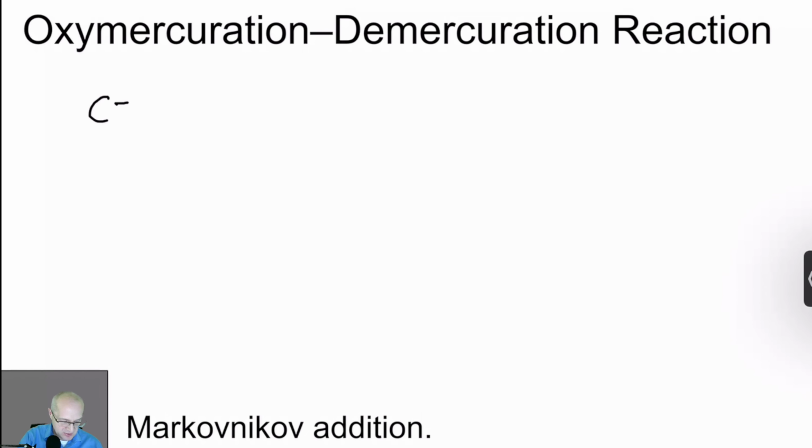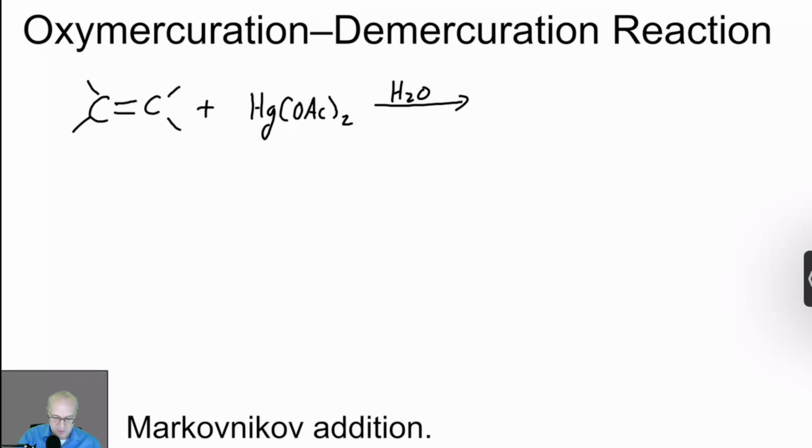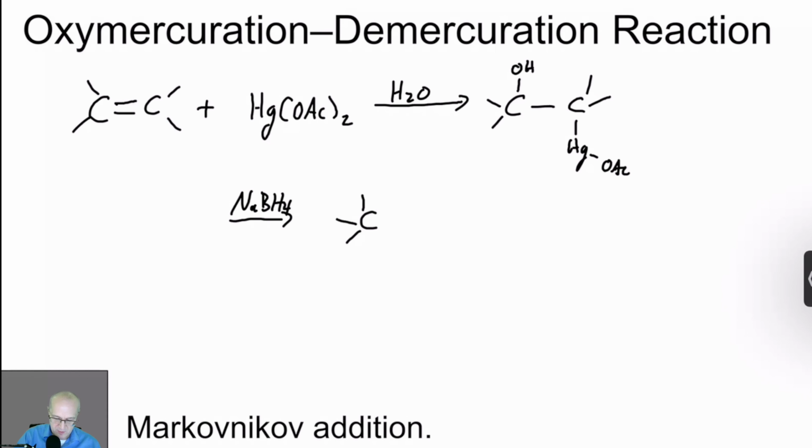The general reaction is this: alkene plus mercury acetate in the presence of water will give us a mercury intermediate, which then can be further treated with sodium borohydride to give us our alcohol.